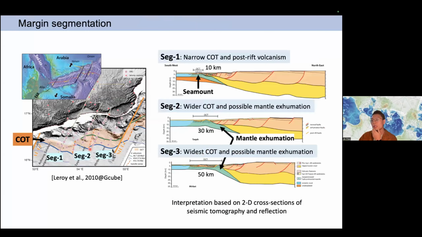To the east, in segments 2 and 3, we have a wider COT, and possible mantle exhumation by detachment faults. But all of this understanding is based on 2D seismic reflection data, which is not enough to show the oblique rifting and the margin segmentation during the continental breakup.